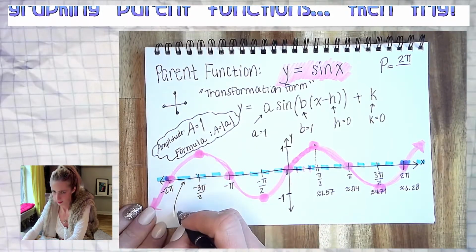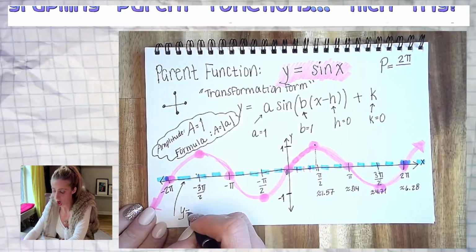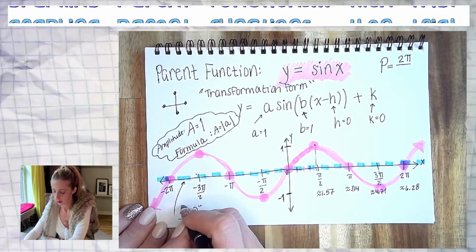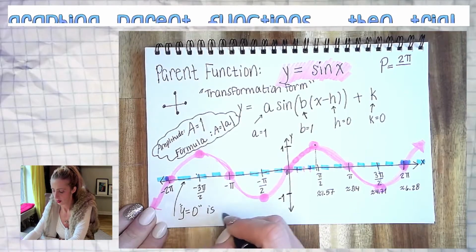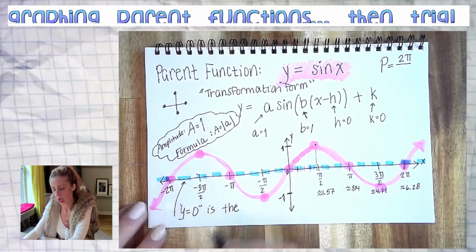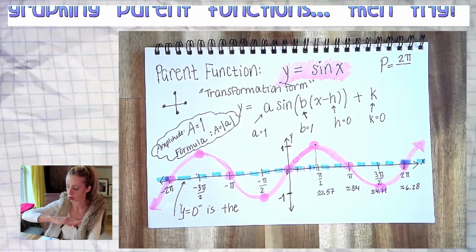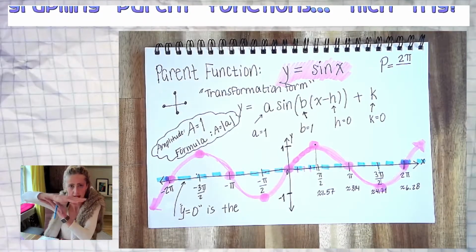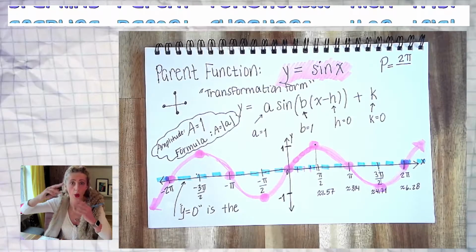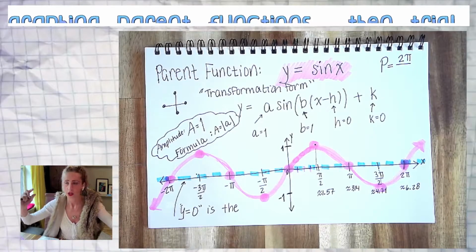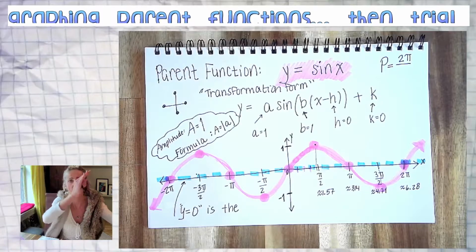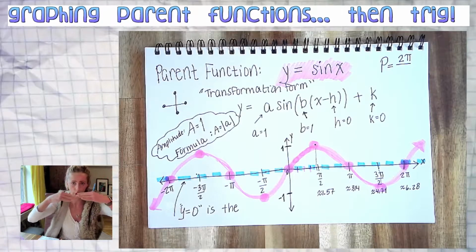Do you remember the fancy word for that dashed line that slices through? No matter where you move your sine wave, it goes with it. It carries as the new middle of your graph. So your sine wave is weaving up and down through that right there.